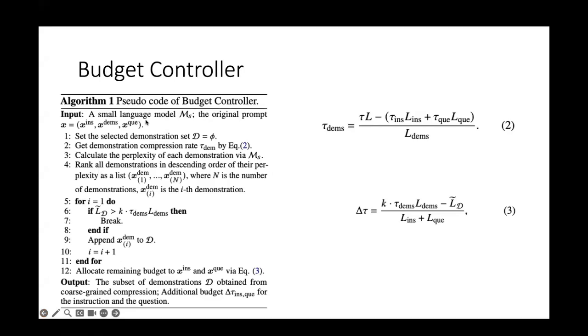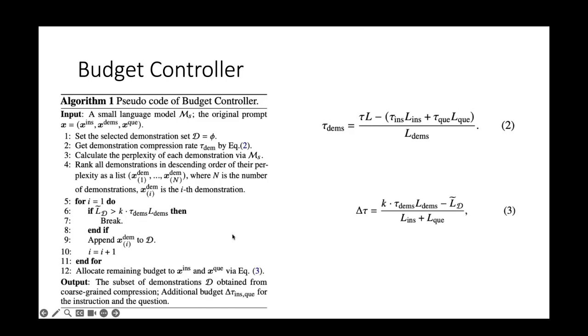So just imagine that the input is a small language model, Ms, and the target is either ChatGPT or Claude. Then we get the demonstration compression rate for the demonstration only, given by equation number 2. Here L refers to the number of tokens, L instruction means the number of tokens for the instruction, and likewise L question refers to the number of tokens in the question. We subtract them and get the number of tokens for the demonstration only, and then we rank them in descending order and iterate, putting in demonstrations only up to k, multiplied by the token level.